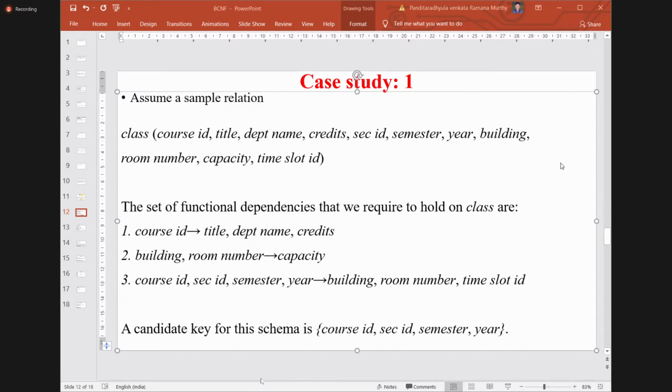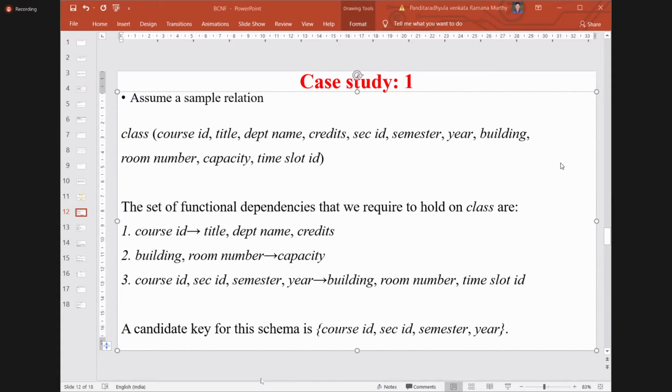Remaining. If you identify course ID, section ID, semester and year as the key, you can say all other values depend on the key attributes only. Even you can say the given table is in the... it need not be a super key. It can be a key attribute or non-key attribute.